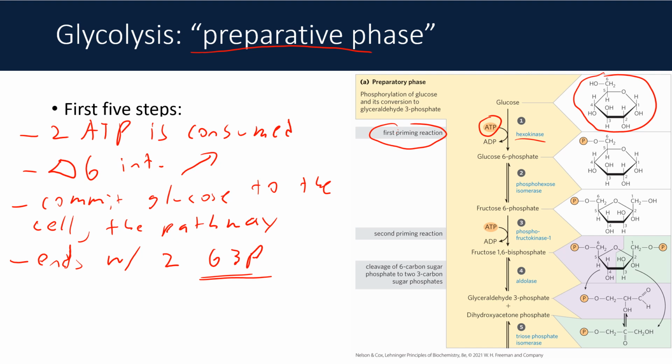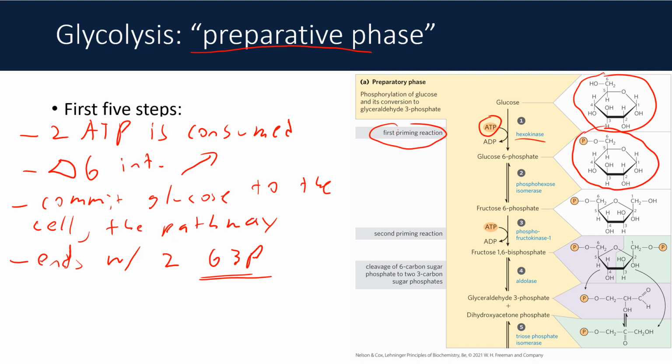And in doing so, the product of this is G6P, glucose 6-phosphate. And you can see on carbon 6, that hydroxyl now has a phosphate attached. So we've activated our glucose a little bit, and we've committed it to the cell.